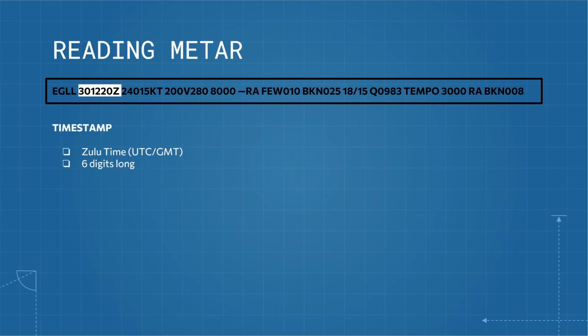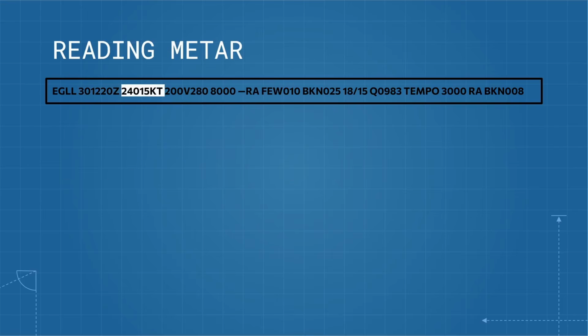The first 2 digits indicate the day of the month, so in this example it is 20 past noon on the 30th of the month, UTC. Occasionally, this section may be replaced by the word auto, indicating an automatic report that is constantly updated by weather sensors and stations, so a timestamp to show the recentness of the report is unnecessary.